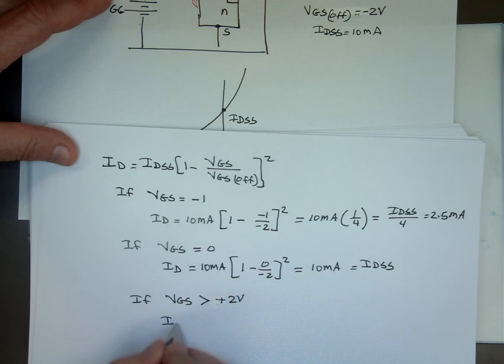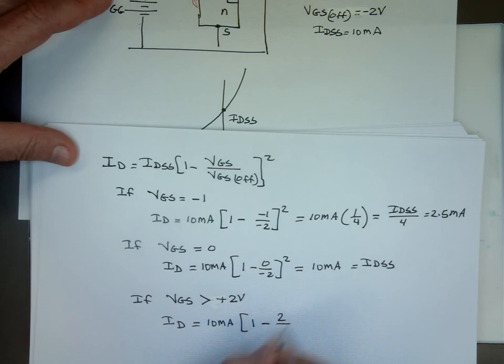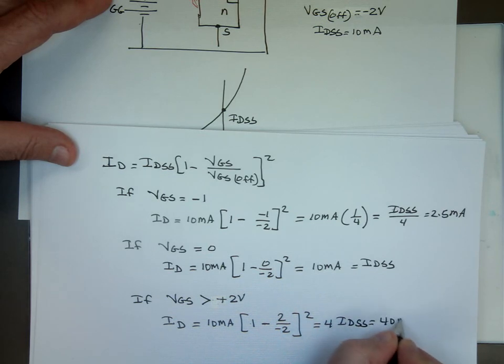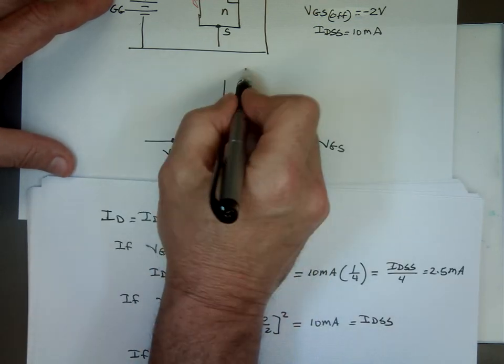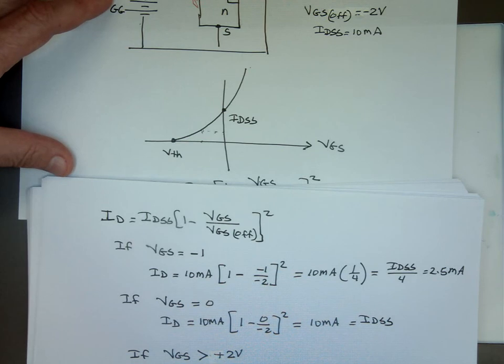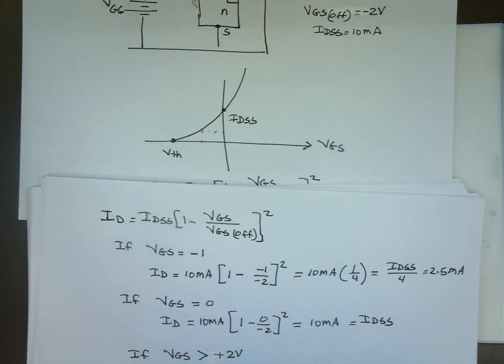It's going to be 10 milliamp times 1 minus 2 divided by negative 2, that's a negative 1. 1 minus a negative 1 is 2, squared, that's 4. 4 times I sub DSS is 40 milliamp. And notice right there, way up there, the current. So that's how we calculate the current.